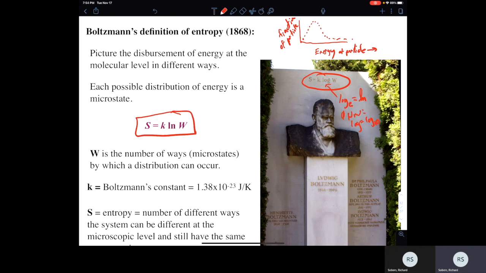And we have our entropy and our Boltzmann constant, K, and W is the number of ways, the number of microstates, by which a distribution can occur.